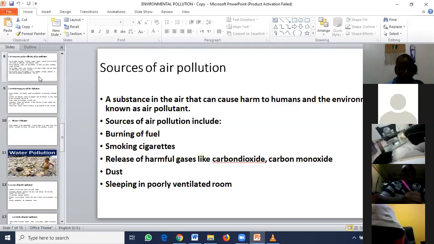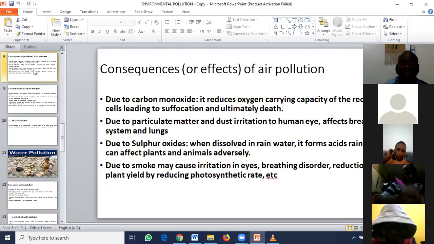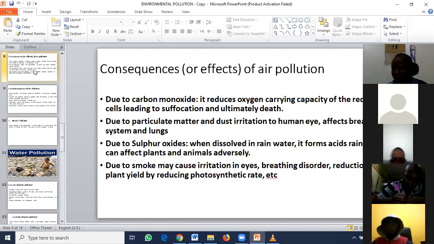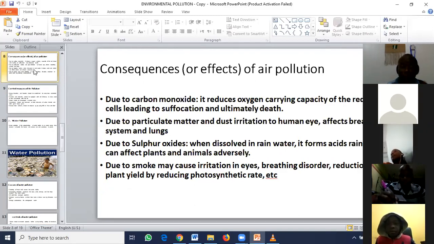Then consequences of air pollution, the effect of air pollution, what will happen when our air is polluted. Due to carbon monoxide, it can lead to suffocation because our hemoglobin carries oxygen to the cells for respiration. But when the air is polluted, the oxygen can be replaced by carbon monoxide.